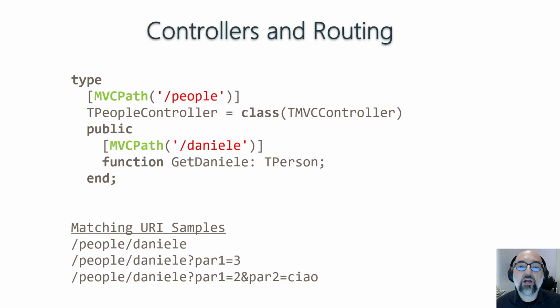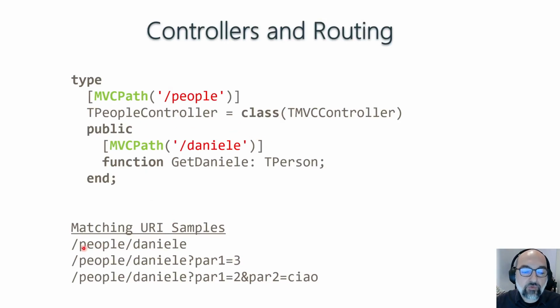So this is a controller, and as you can see, here we have a normal class inherited from TMVCController. This class is a controller because it inherits from TMVCController, and a method which is actually an action. As you can see, here on the controller and here on the action, I use the MVCPath to let the router, the DMVCFramework router, understand the URL that I want to select this action.